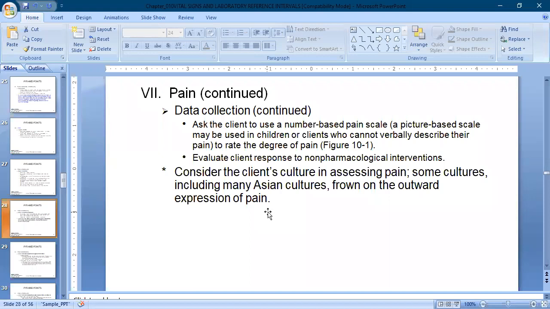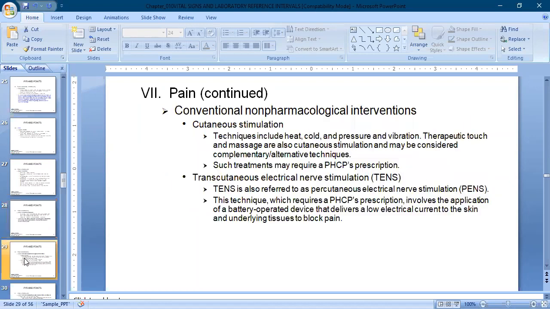Offer some reassurance, and allow the client to express their fear and concern, because pain also causes anxiety. Distraction techniques sometimes work to reduce the pain. So deep breathing, imagery technique, massage therapy, or eliminating stimuli reduce the pain.